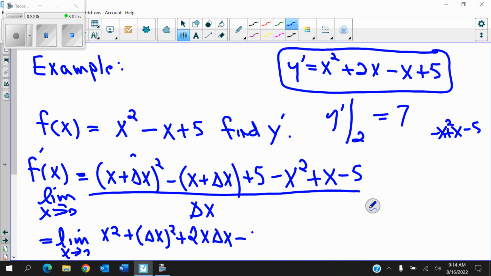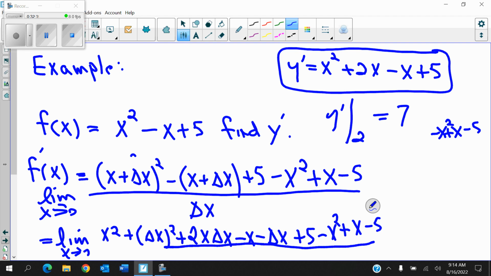Minus x minus delta x plus 5 minus x squared plus x minus 5. This is still got to all be over delta x. Do we agree to that point?